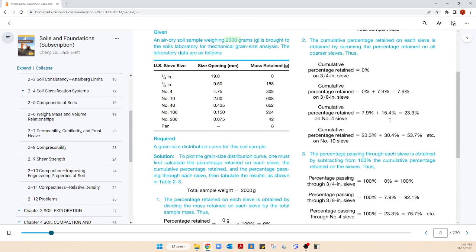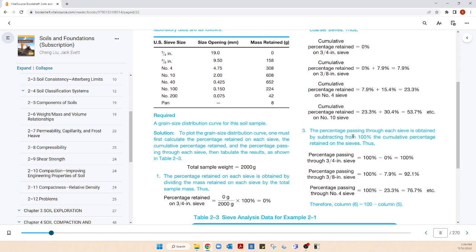But you get what I'm saying: you just take whatever your percent retained is, and then you add the total cumulative percent from the coarser sieve up here. And you do that all the way down through there. Once you've done that, you've got to get the percent passing through each sieve.